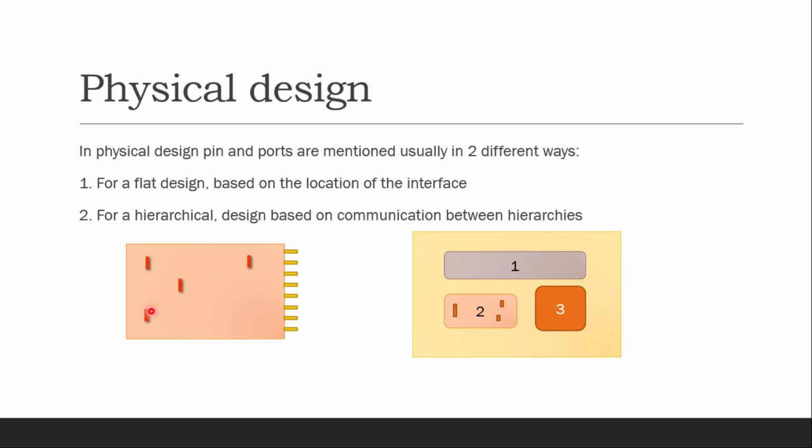But the upper hierarchy designer, maybe a physical designer, instantiates thousands of these standard cells and connects them to other nets. At that time, he treats these as pins. He won't treat these as ports.